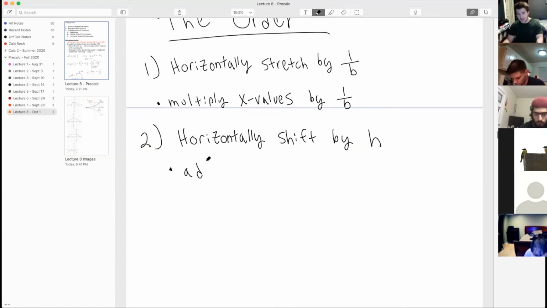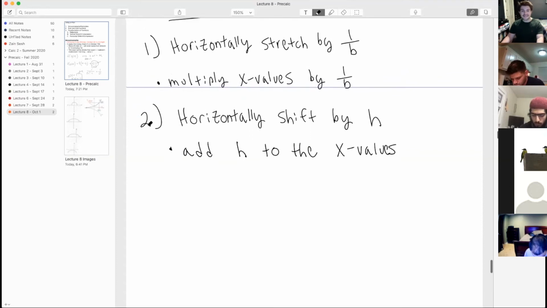You add h to the x values. So you add h to the inputs, or the x values. Remember, x values is synonymous with inputs, and y values are synonymous with outputs. That's the second thing you do.